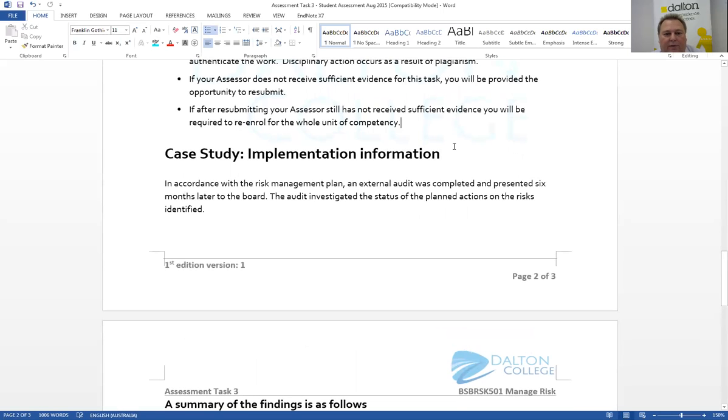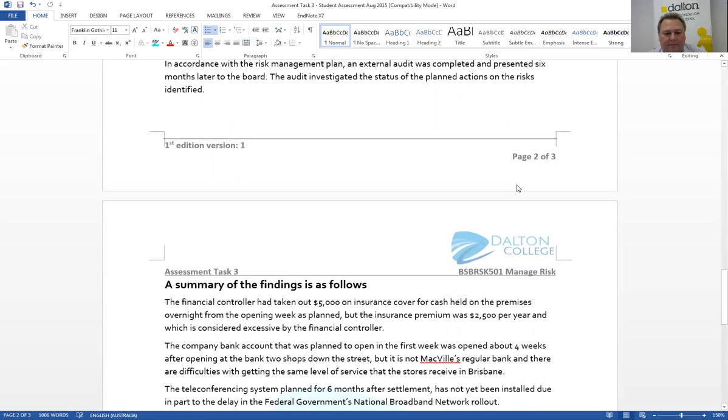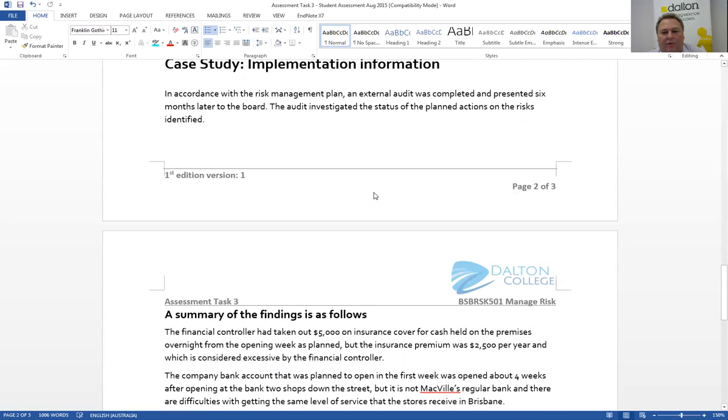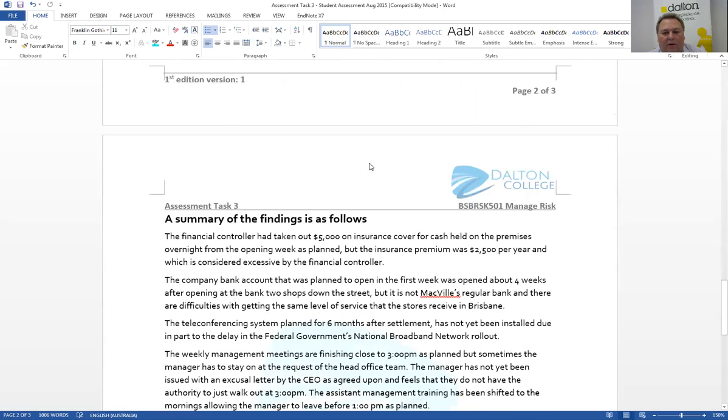In accordance with the risk management plan, an external audit was completed and presented 6 months later to the board. The audit investigated the status of the planned actions on the risks identified. This is the summary of the findings from the audit.